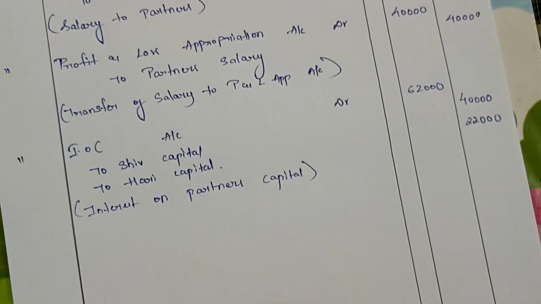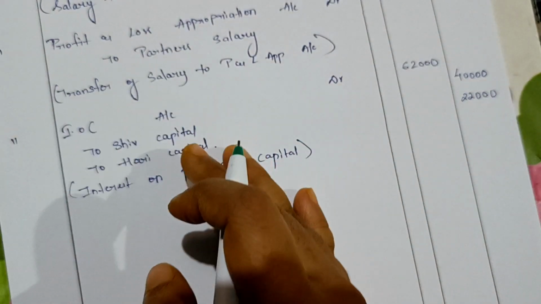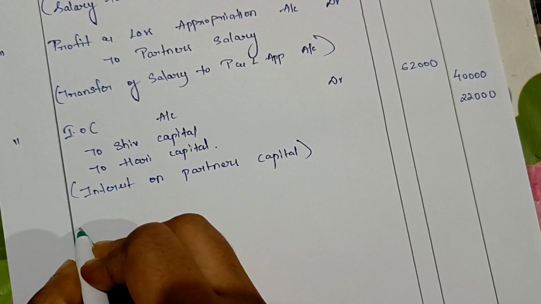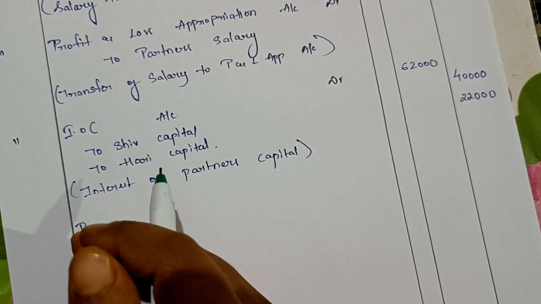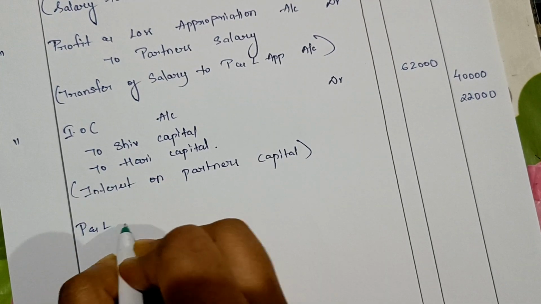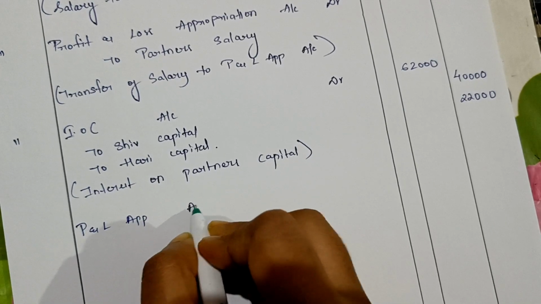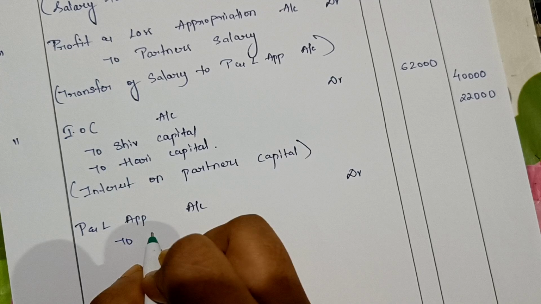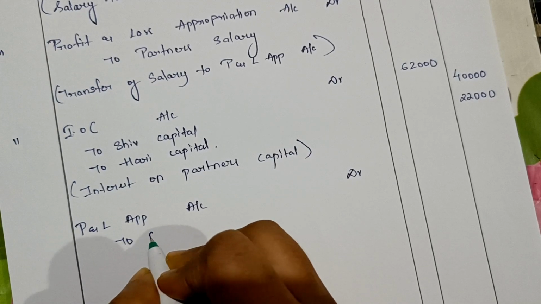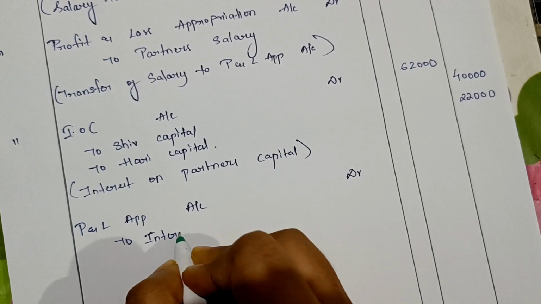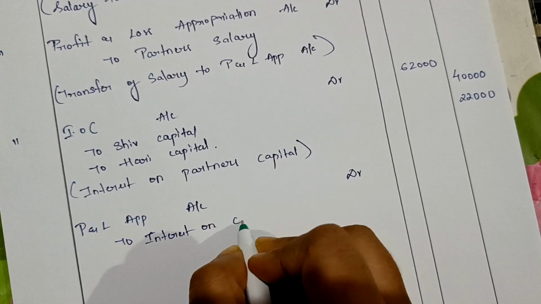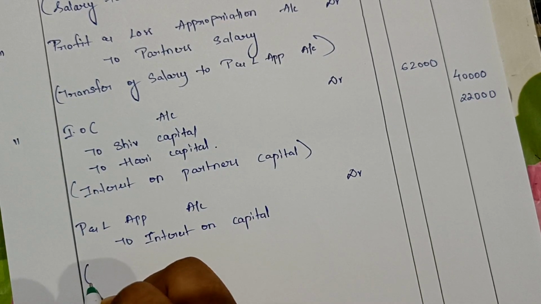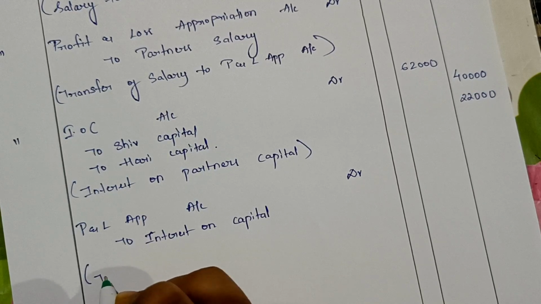Next, we will pass the journal entry for the second interest on capital entry, that is profit and loss appropriation account debit to interest on capital. The narration will be the transfer of interest on capital.